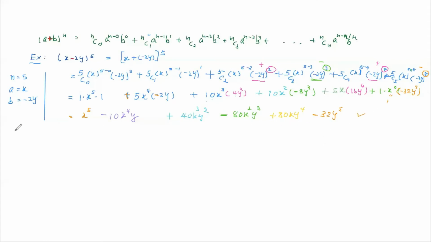Okay, again, be careful on this one, what I keep saying. For example, this one has power 2, right? Don't forget this has to be 2 to the power 2 and y to the power 2.